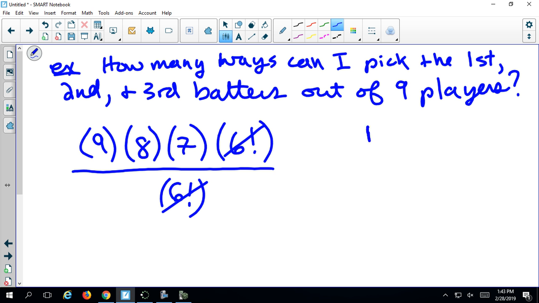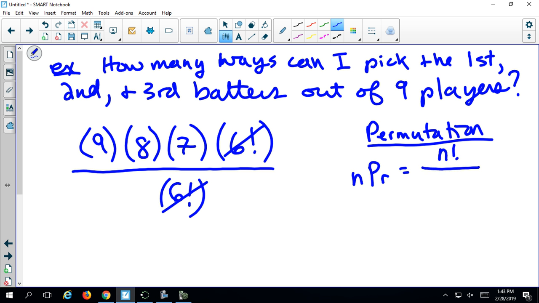So this is called a permutation. The notation is nPr. n is how many things you have to choose from, and r is how many things you're choosing. And it's an ordering. Order matters on these. So it's n factorial divided by (n minus r) factorial.